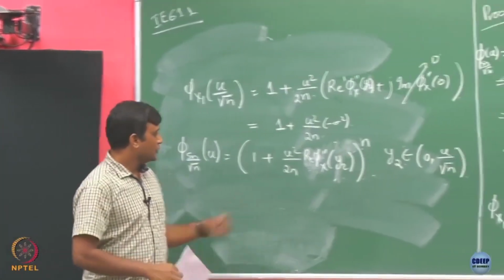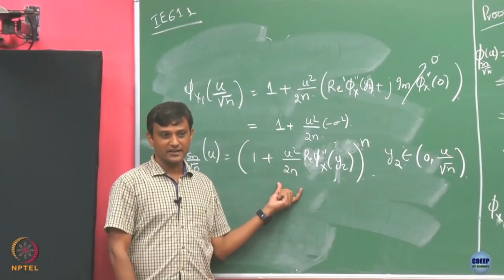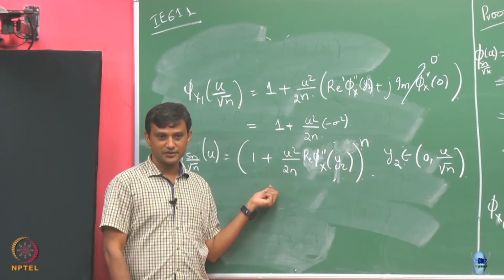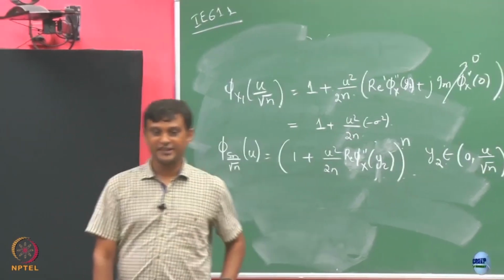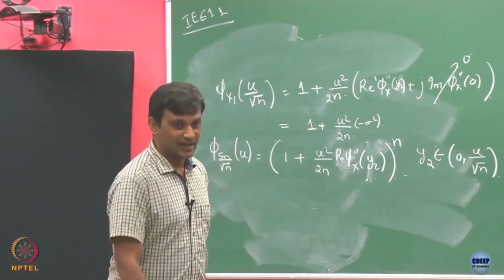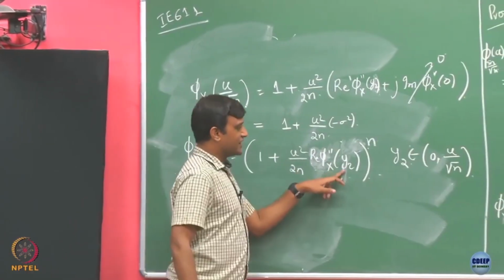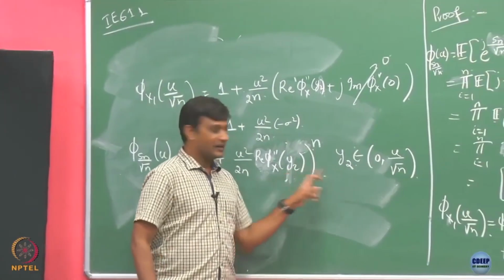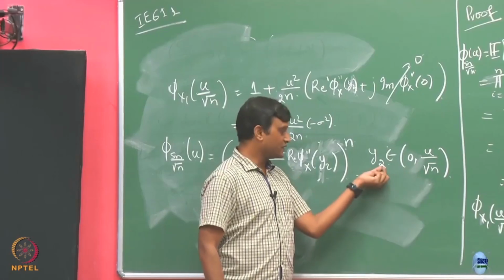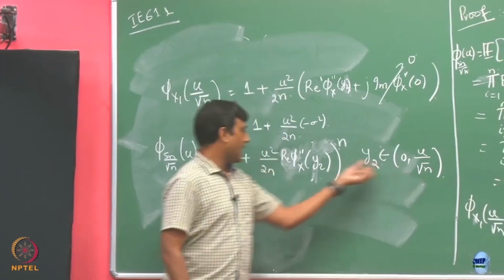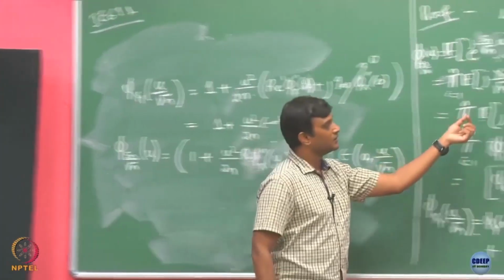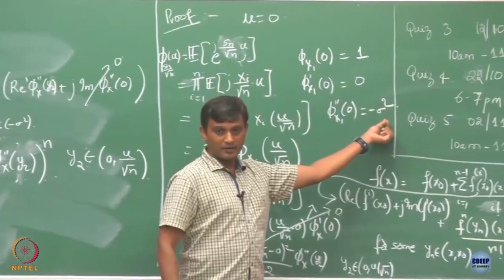Now can you look into this sequence and see whether you are familiar with it? As n goes to infinity, what does this sequence converge to? E raised to this quantity, but this itself is changing. As you let n go to infinity, y2 goes to 0, and the value of phi double prime at 0 is minus sigma square.